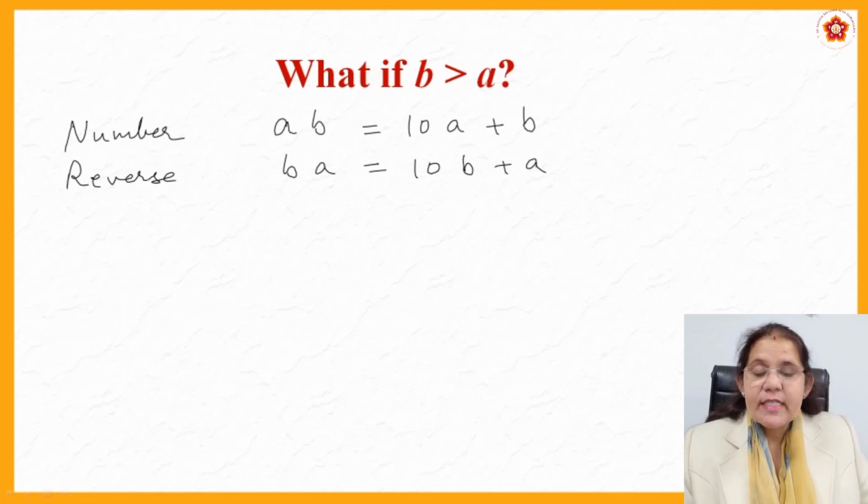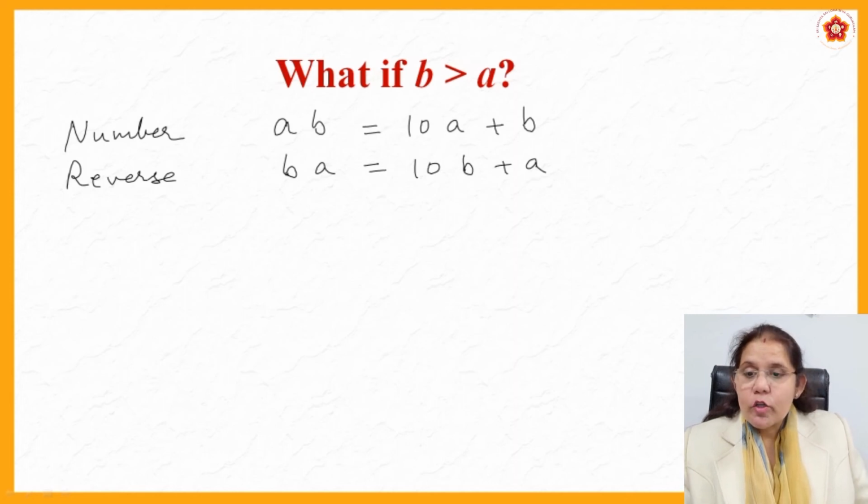In the question it is given B is greater than A. So that means BA will be greater than AB. Whatever is at the tens place, we have to see that. At the tens place, B should be greater. So we will do BA minus AB because BA is greater.